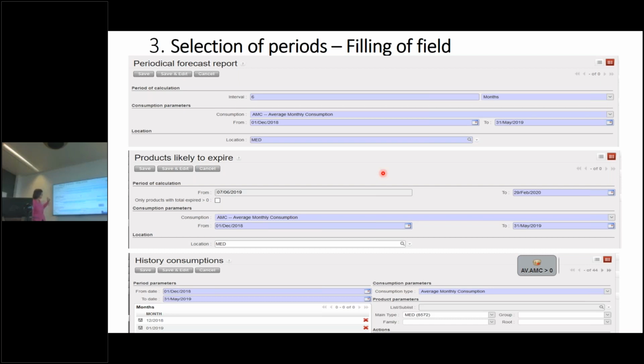And when you select the AMC in your products likely to expire, you have also to select the same period. Also, in the projected forecast, you have also to select AMC in the same period, because it must be comparable. Otherwise, we speak about pear and apple, which is not the best.